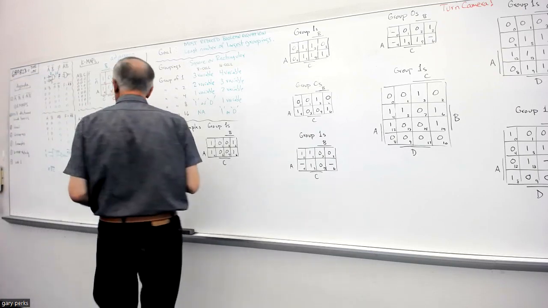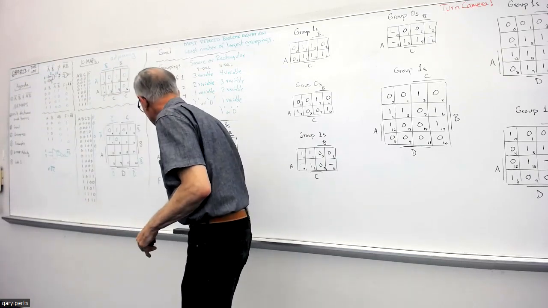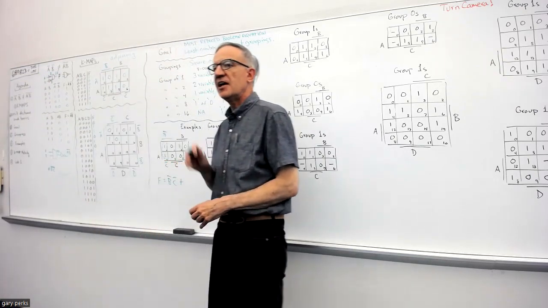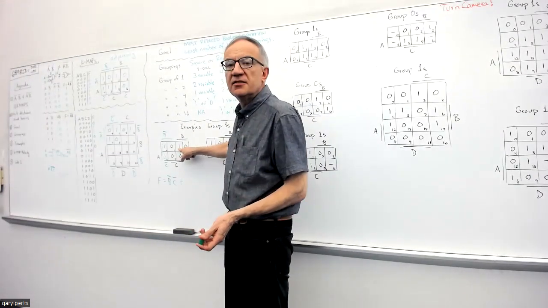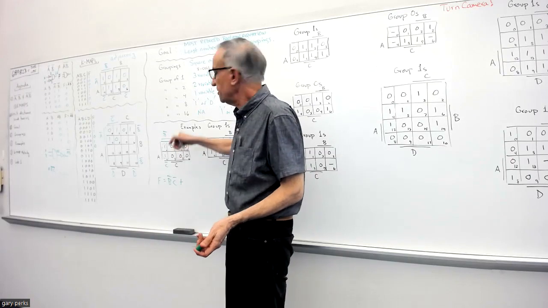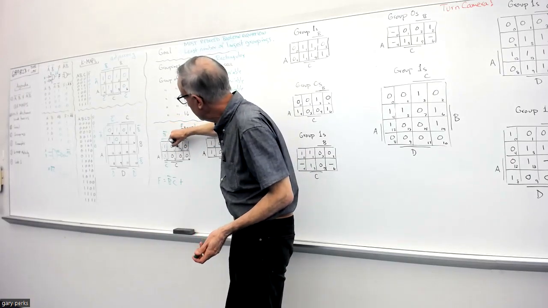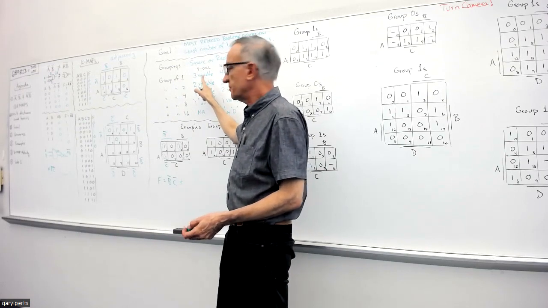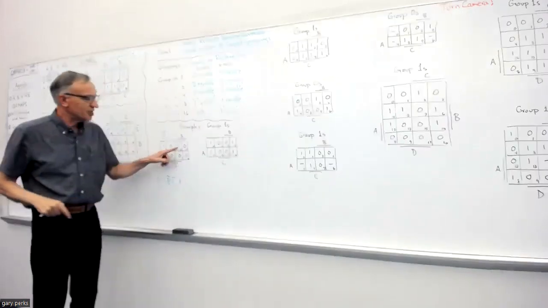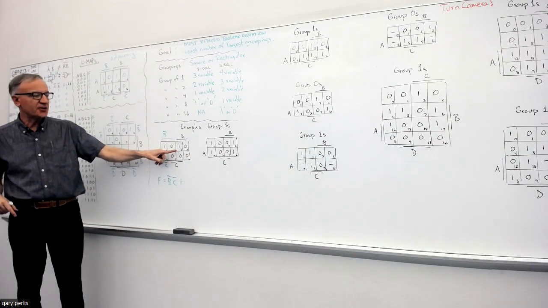But we have another one over here, so we're going to have another term. Okay, every grouping gives you a term. And we can't group this with any other one. So this is just going to be a single grouping. And a single grouping gives you a 3 variable term. That 3 variable term is just going to be the term for a binary 3.